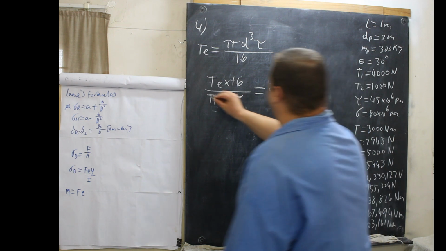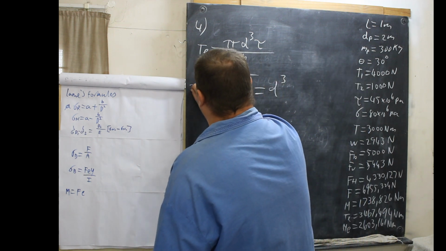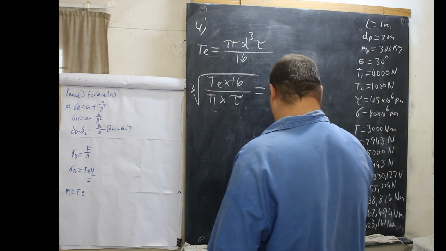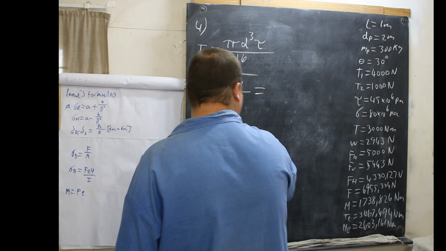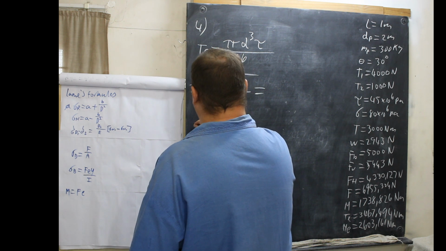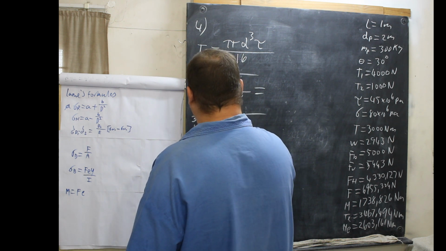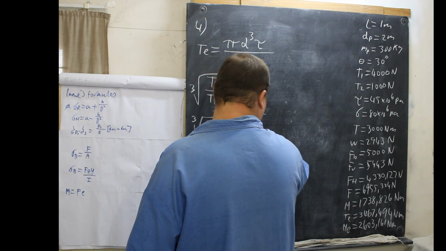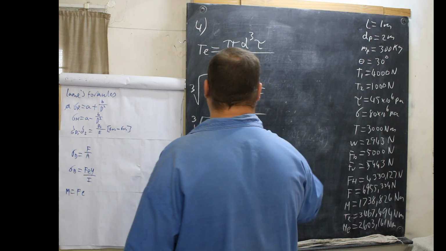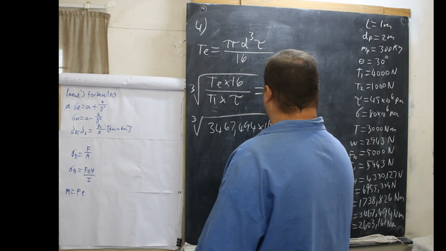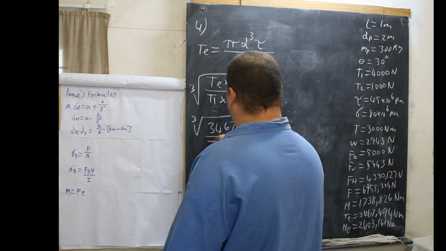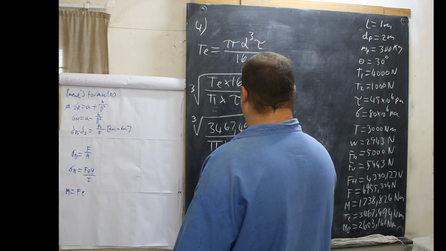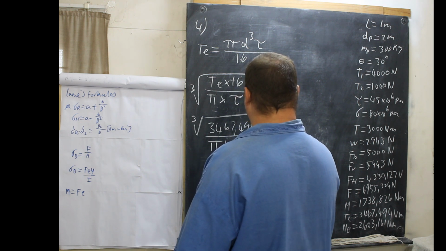Now all we have to do is cube root it. So D is the cube root of 3,467,494 times 16 over pi times 45 times 10 to the 6.